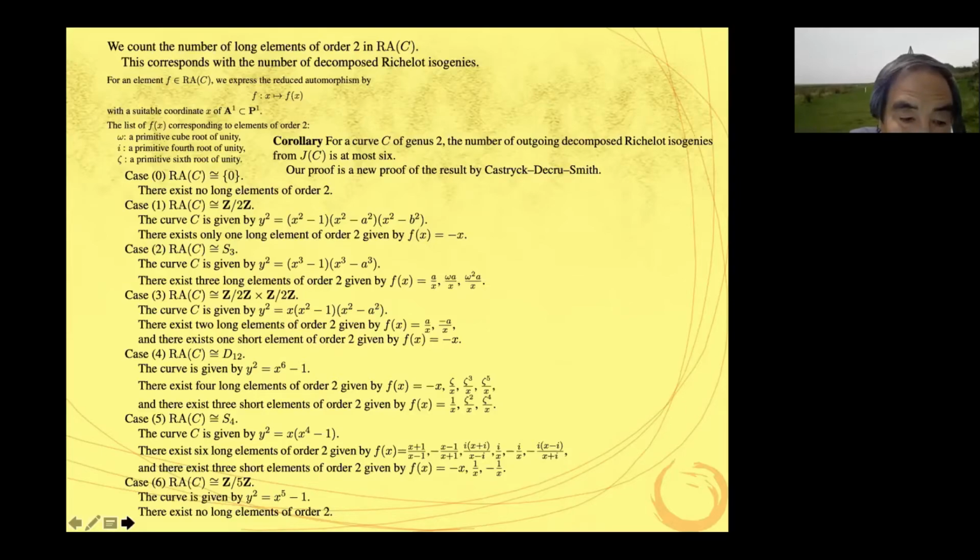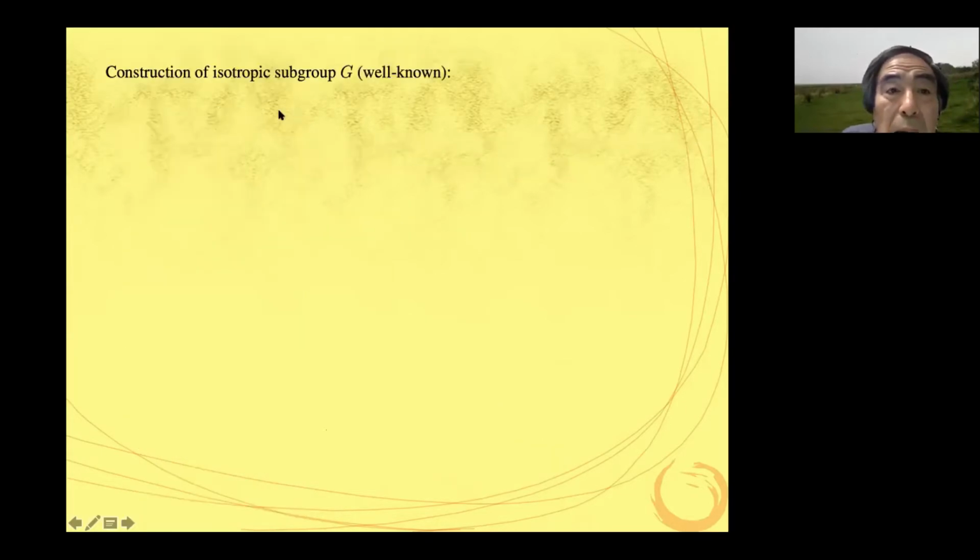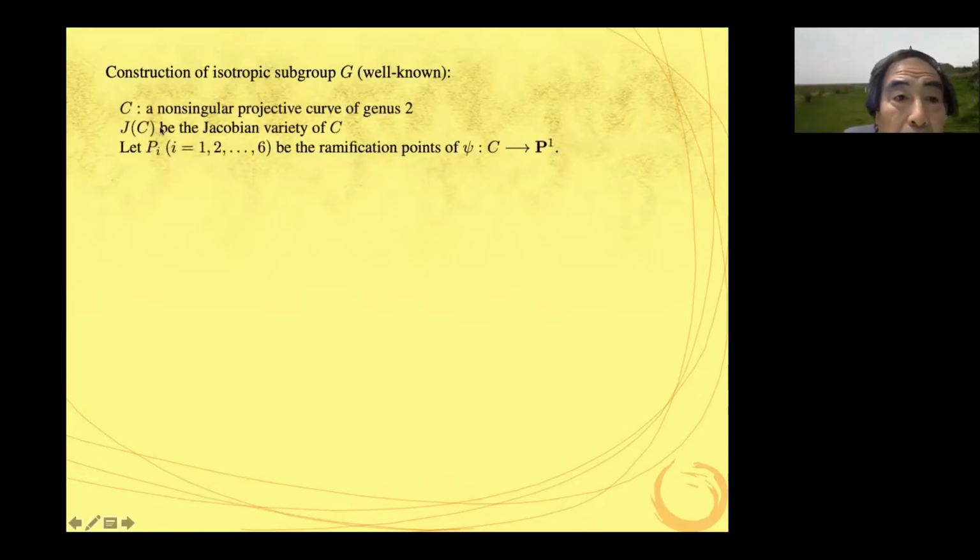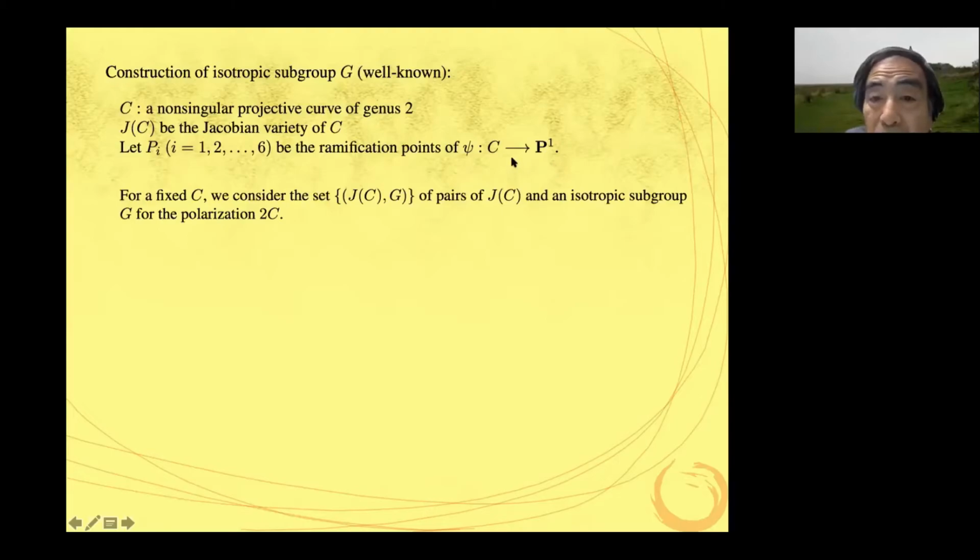Anyway. And the construction of isotropic subgroups. How to construct? We consider the case of a non-singular projective curve of genus 2, and we consider the Jacobian and the ramification points of this natural map.